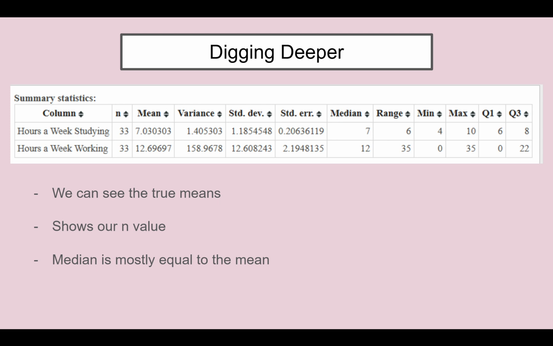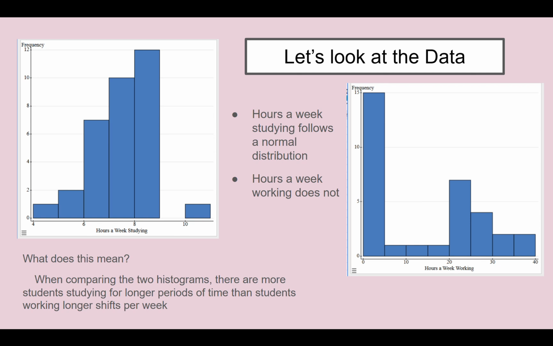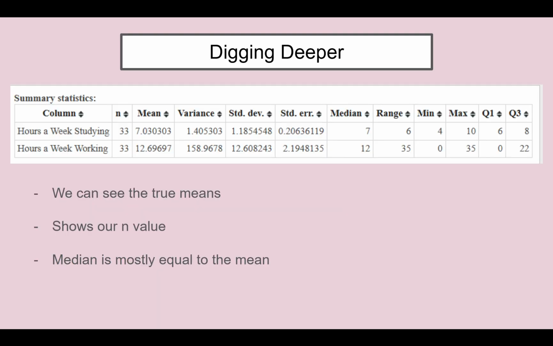And the median is almost the exact same as the mean. So this must mean 7 and 12 are the average of what people were studying and working. Compared to the graphs, I thought more people were studying than working. We can see that there were actually more people working than studying because of this mean right here.